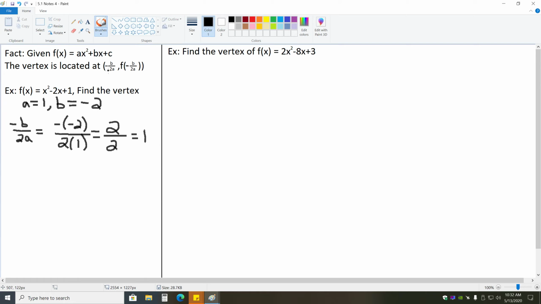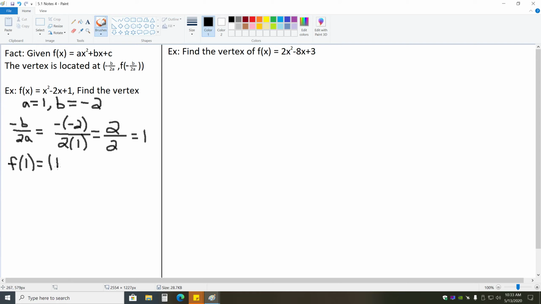So the x-coordinate of our vertex is 1, and now we'll find the y-coordinate by plugging that 1 back into the equation. So we're going to find f of 1. We're plugging it into the function.